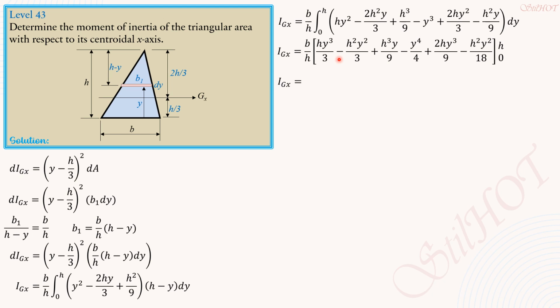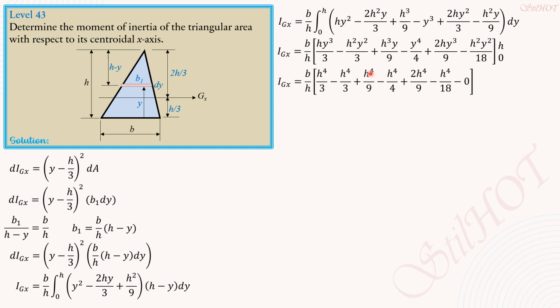So Igx is b over h quantity h to the 4th over 3 minus h to the 4th over 3 plus h to the 4th over 9 minus h to the 4th over 4 plus 2h to the 4th over 9 minus h to the 4th over 18. Then lower limit 0, minus everything would be 0, so this will be cancelled.